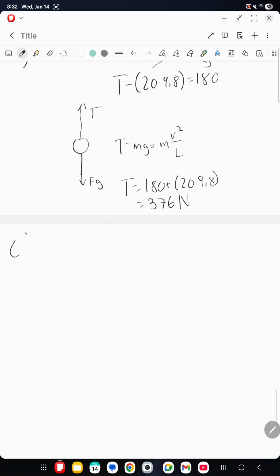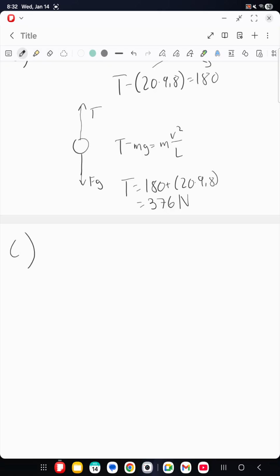Now, our next problem: what is the maximum height that this mass can reach, or this child, because this child is on a swing.